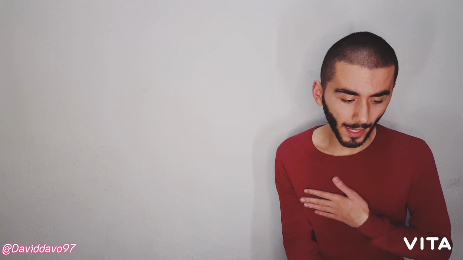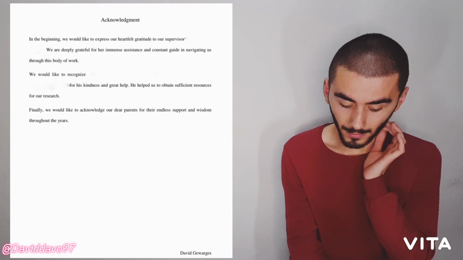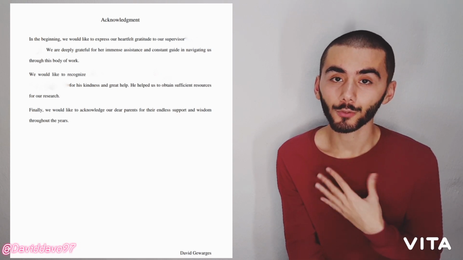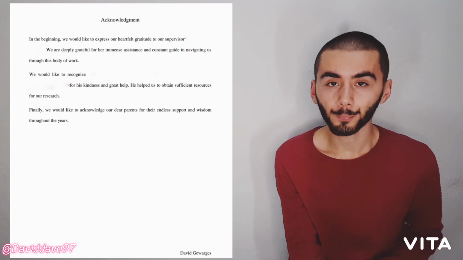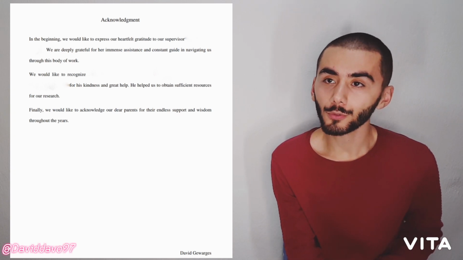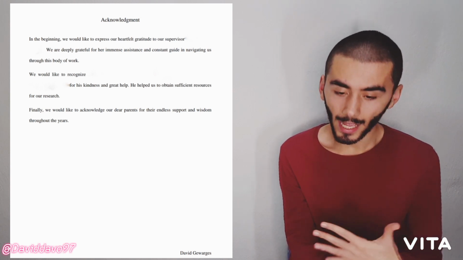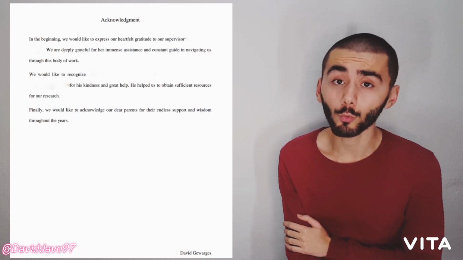Following that, we have the acknowledgement page. The acknowledgement page is very easy to do because you have to write this on your own. You have to dedicate and acknowledge all the people who've helped you. It could be your supervisor, your parents, your family, your spouse, and then add your name at the bottom right of the page.